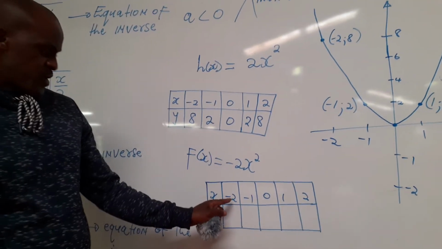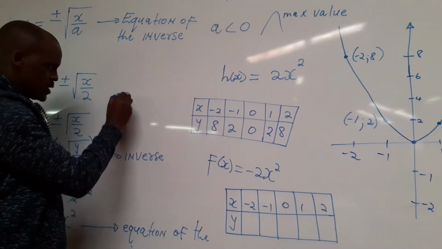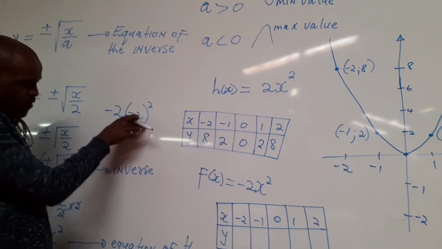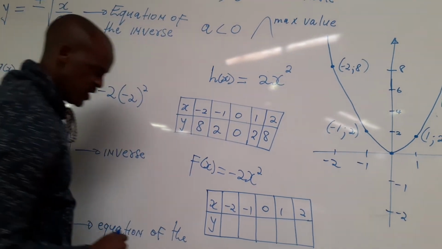If we put -2, it's -2 times -2 squared. This will be 4. 4 times -2, it's -8.